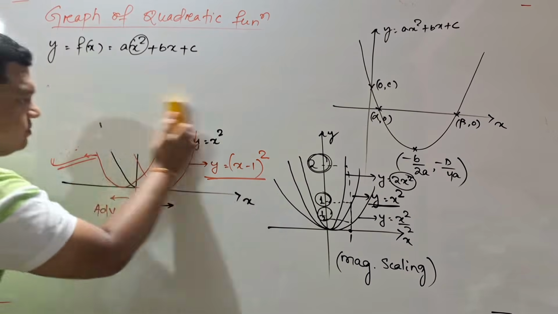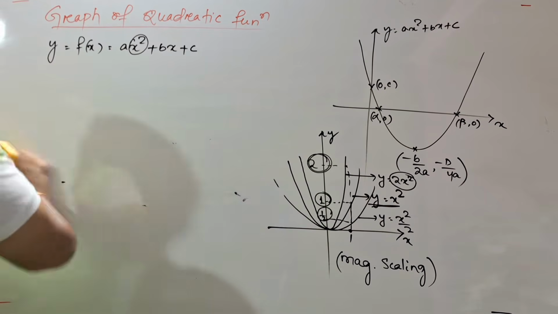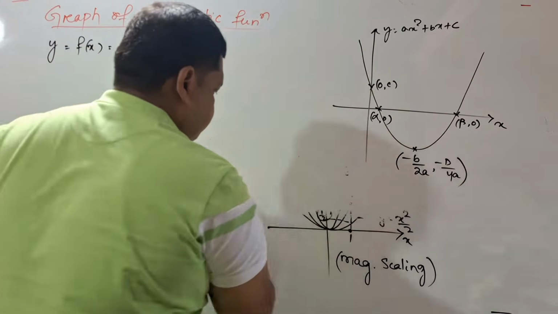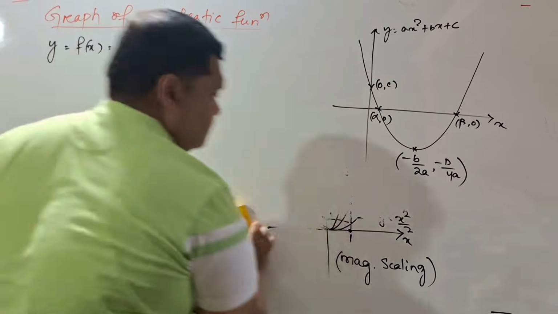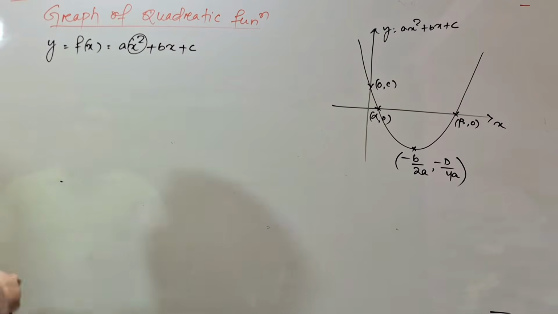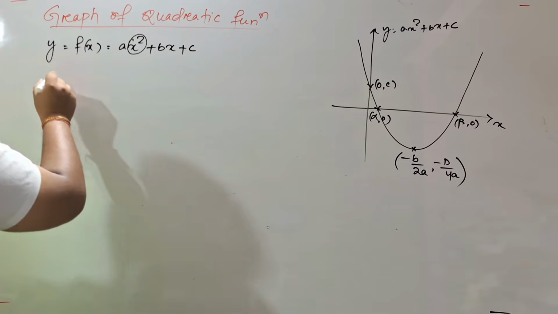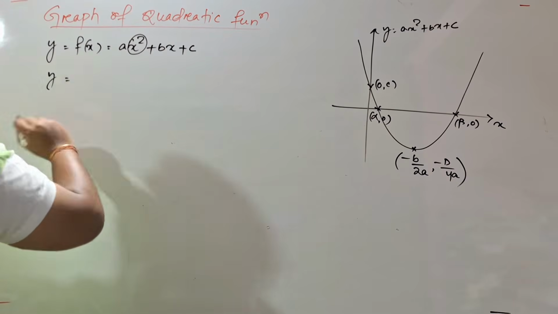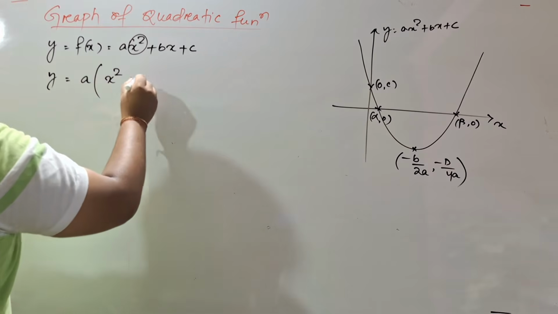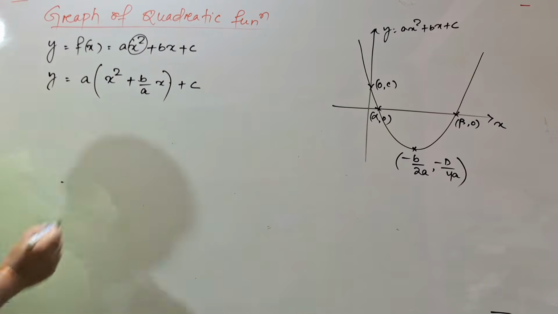Now look, if I expand the quadratic function, now this is very important. If I expand the quadratic function, what I will get? Here y can be written as, if I take a common, inside the bracket you can write x square plus b by ax plus c by a.